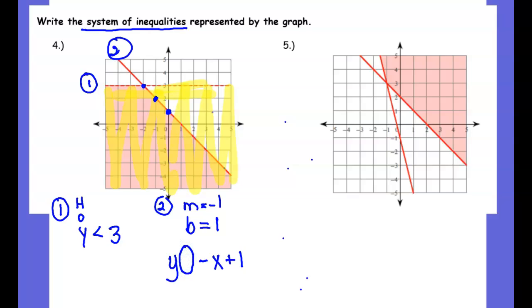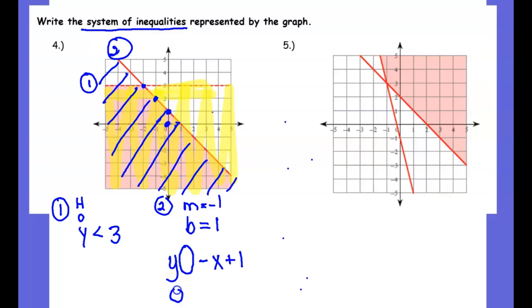All right, so I look at that line, and in order for this to be the double shaded area, that means I actually shade this area here. That means that the point (0, 0) is actually true. So if I put in (0, 0), I would have 0, and then I would have a 1.